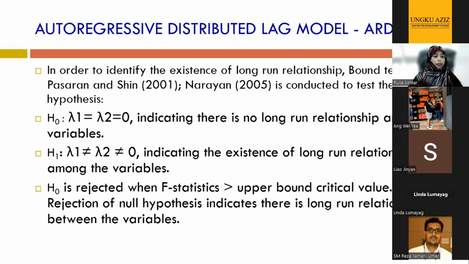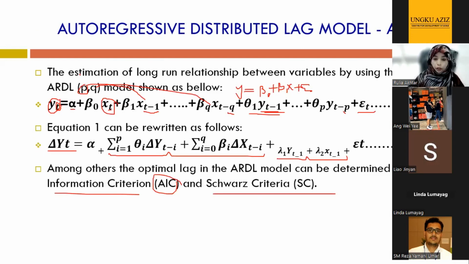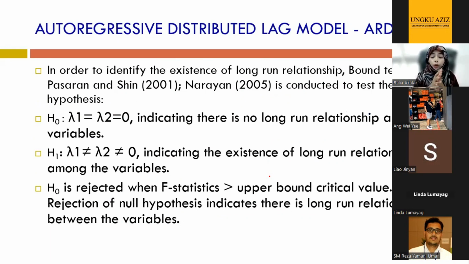Now let's look at the long run relationship. When we test this long run relationship, we need to check whether there is a long run relationship or not. So we can use the bound test, or F test.